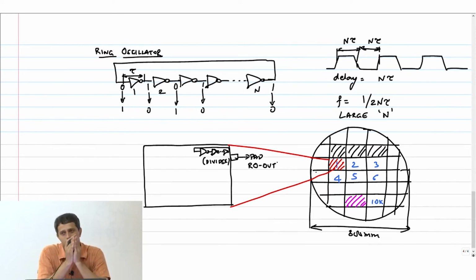Okay, this will be called ring oscillator out. You can observe this on an oscilloscope, or the tester can do an automated measurement, and you can find out what the frequency of operation is. Now, if all your transistors have gone from Vt to Vt plus delta, what will happen to the delay? Every transistor has got a higher VT now.